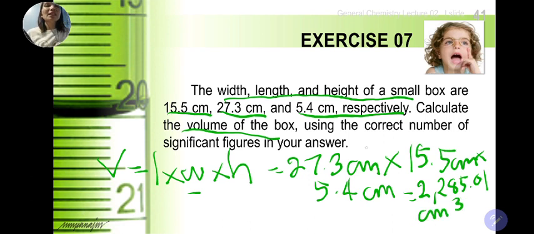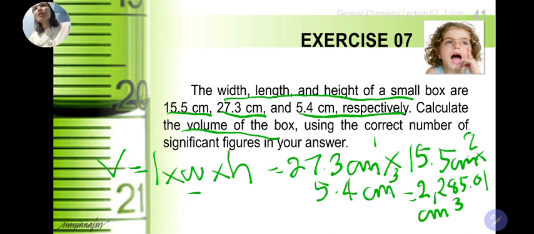It becomes cube because when we multiply the same units, cm, we have 1, 2, 3. So that is cube. The volume is 2,285.01 centimeter cube.